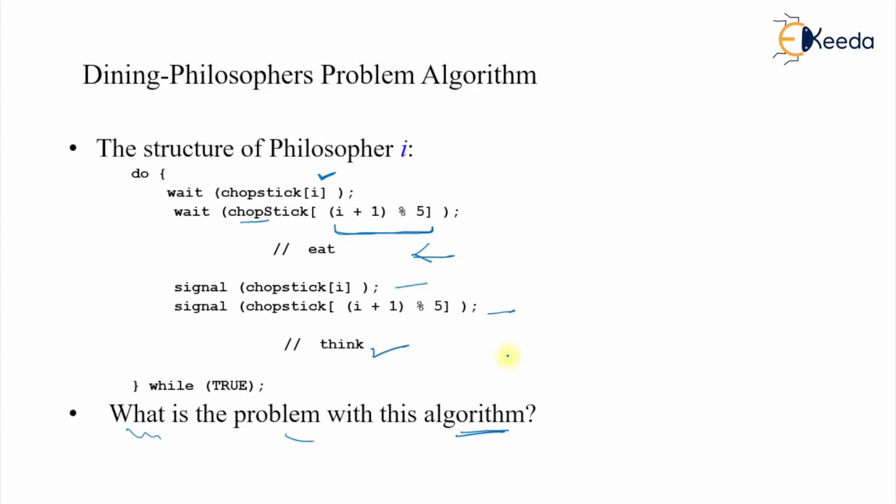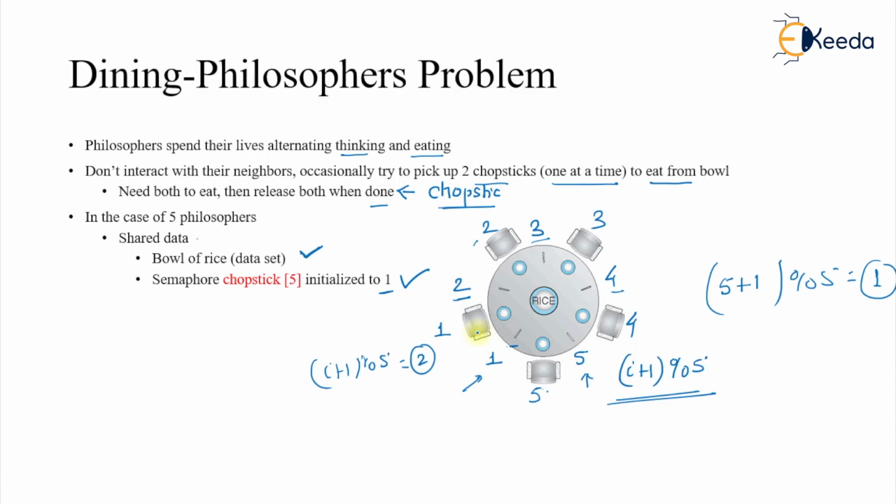Yes, there is a problem here, and the problem is deadlock. Suppose each philosopher I executes the process on chopstick I, meaning it tries to hold its chopstick. So 1 tries to grab 1, 5 tries to grab 5, 4 tries to grab 4, 3 tries to grab 3, 2 tries to grab 2.